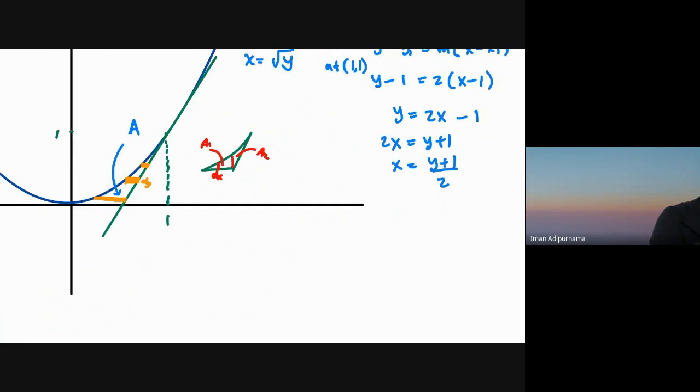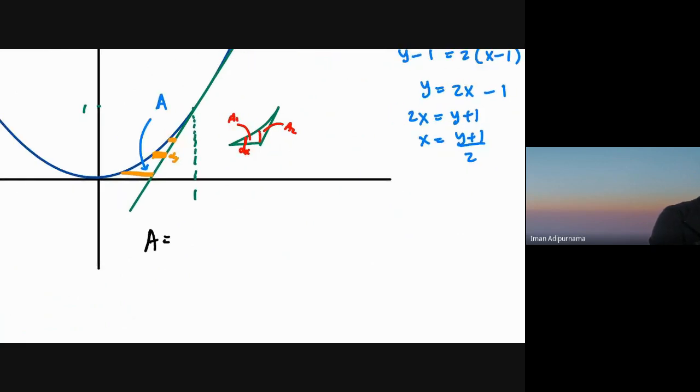Okay, so the area will be, this is 1, this is 1 and 0. So from 0 to 1, half y plus half minus the square root of y, dy.